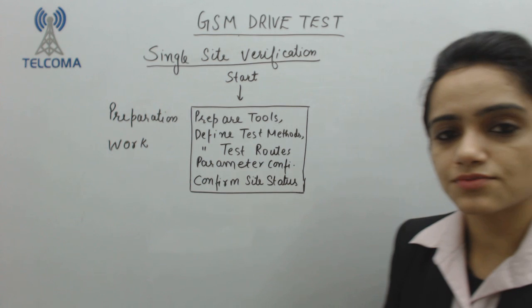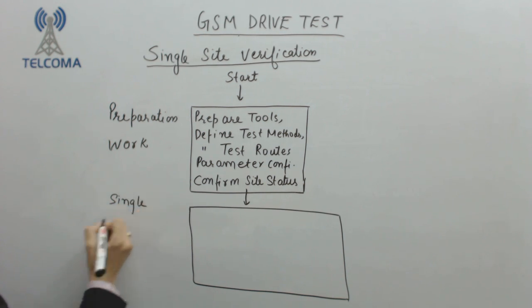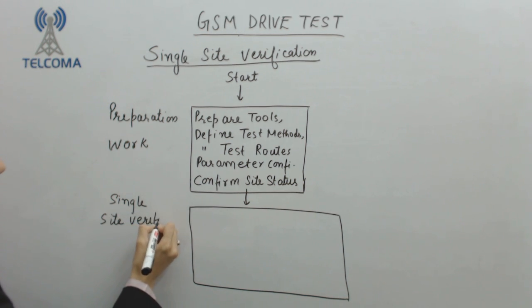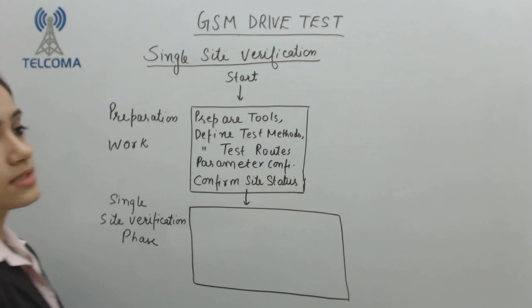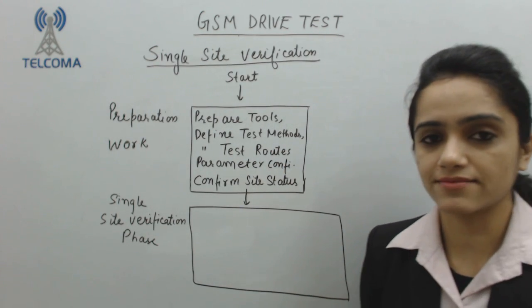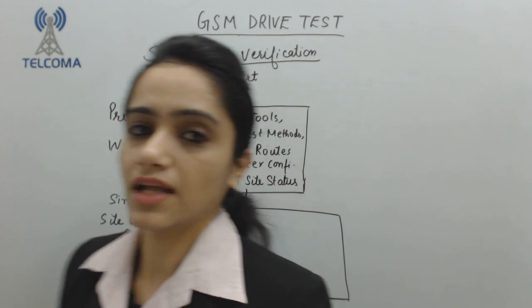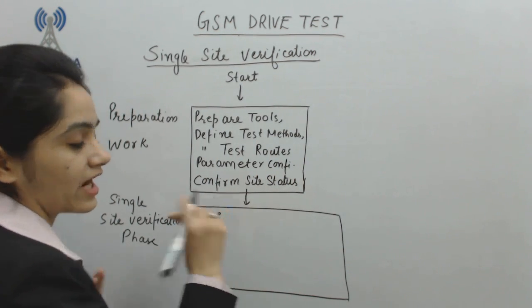Now we are moving to our main phase, and that phase is the single site verification phase. What we require in this phase is, first of all, basic verification. That means to check out all the parameters, so all the hardware.